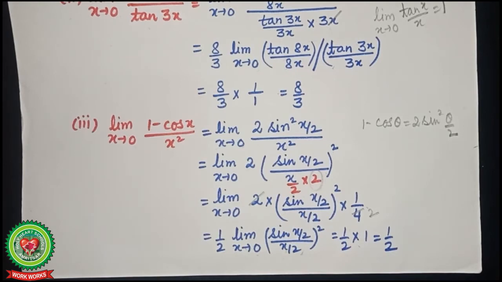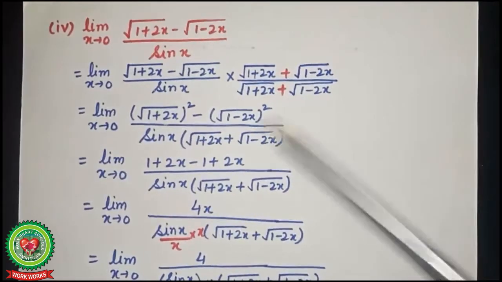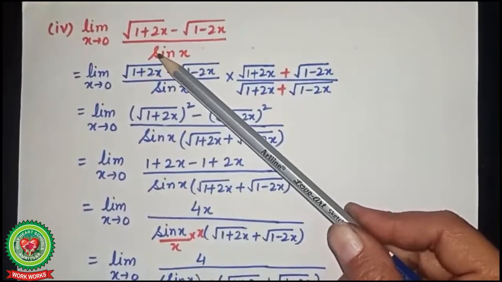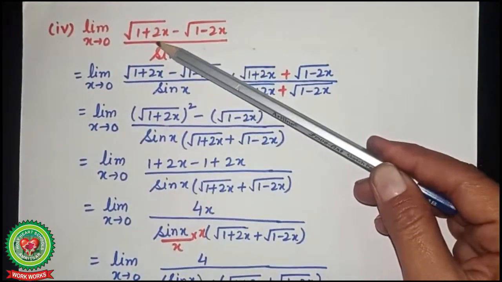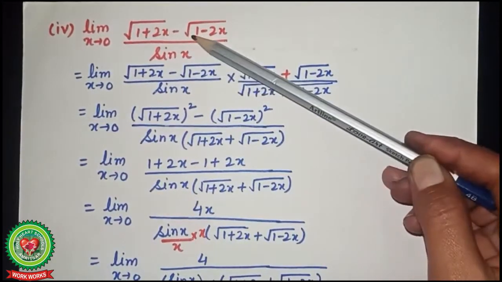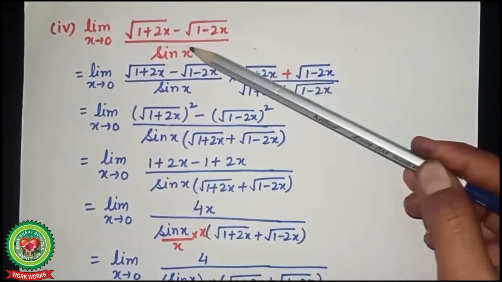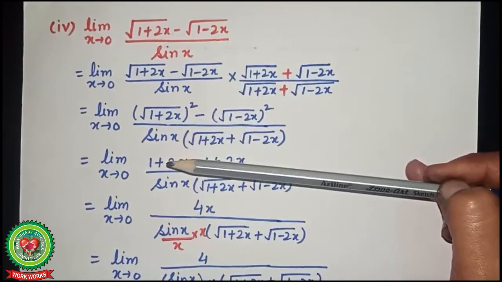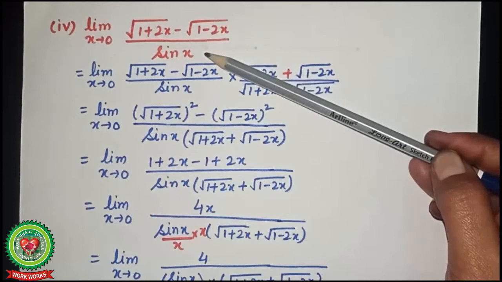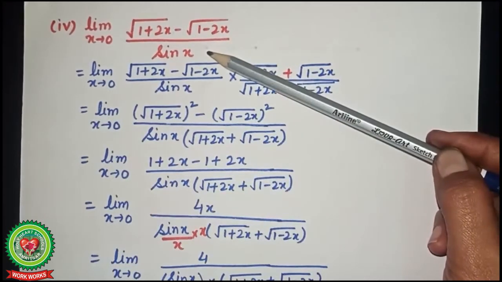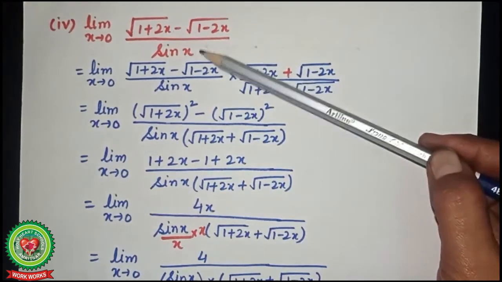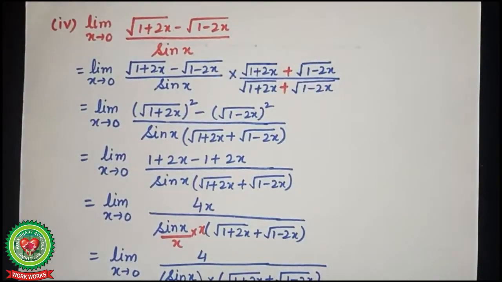Now let's take one more example for better understanding. Limit x approaches 0 of under root of 1 plus 2x minus under root of 1 minus 2x upon sin x. Actually, this is an example in which we have combined the trigonometric limits and the algebraic limits.